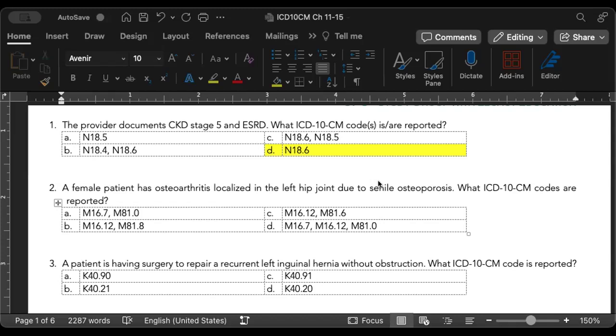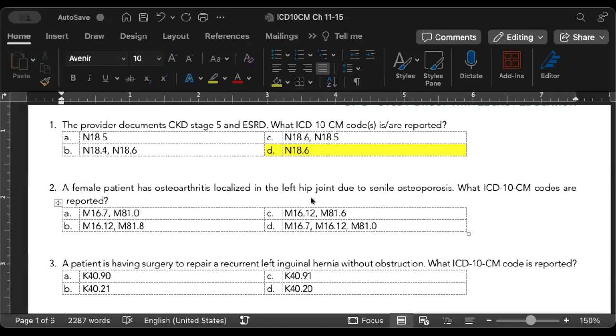And that gives us M16.7. We need to flip back to our tabular to further expand. Actually, hang on. My alphabetic index says that there are additional characters that are required.